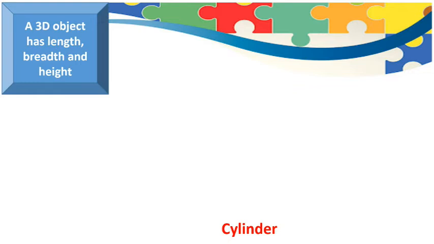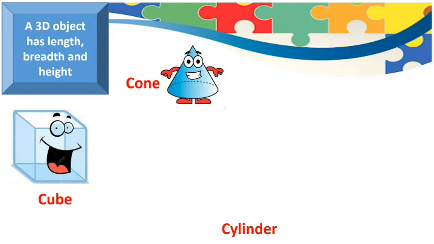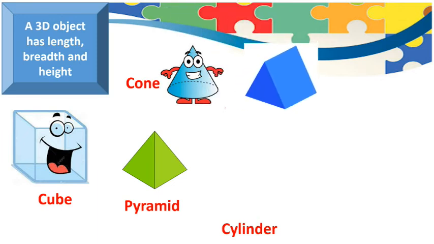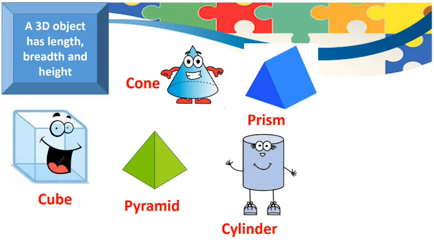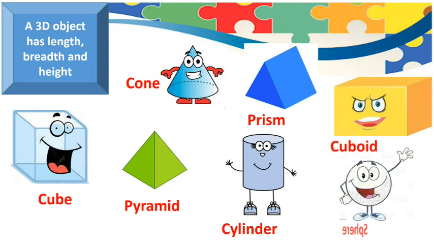Some of the 3D shapes are cube, cone, pyramid, prism, cylinder, cuboid, and sphere.